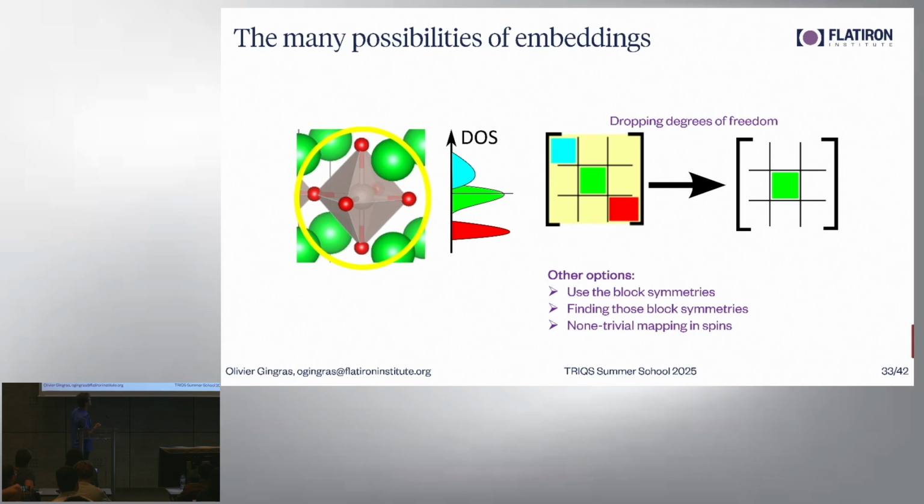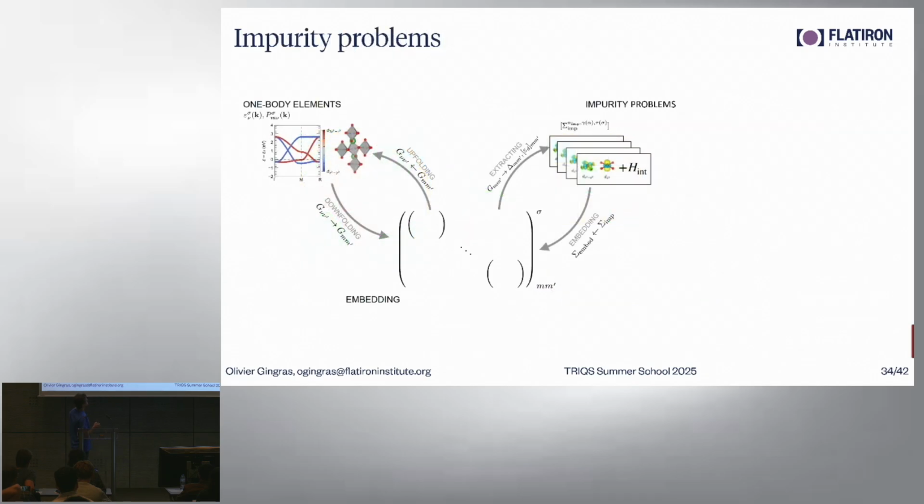Okay. All right. So again, just a summary of the embedding part. We have abstracted out the one-body elements. Now we've abstracted the embedding part. Now each of these embeddings will map to a different impurity problem, and there's different things you can do with this impurity problem.